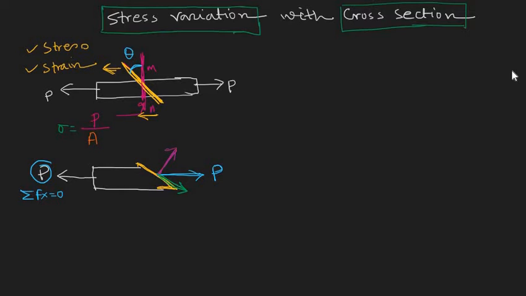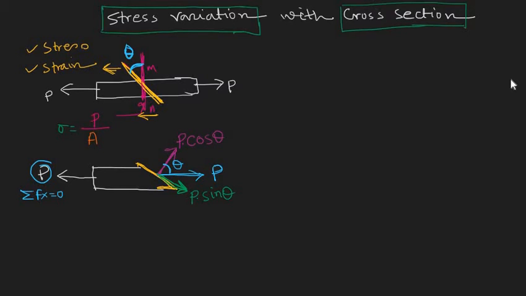It has two components, and here you can see this angle is theta, so definitely this one is also theta. Clear? So what is the normal component of P? Of course, this is P times cos theta. And what is the tangential component? Of course, this is P times sine theta.